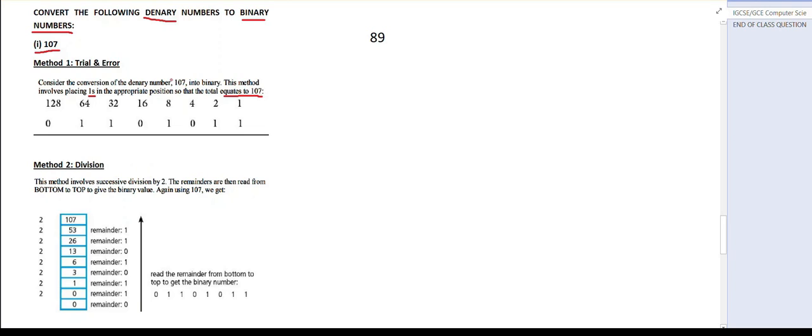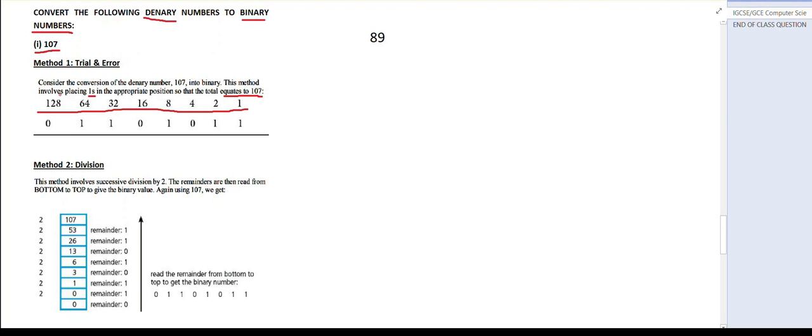Now, remember, when this method is used, always start from the left hand side. We have mentioned the headings 1, 2, 4, 8, 16, 32, 64, 128, right? Let us read this again. This method involves placing ones in the appropriate position so that the total equates to 107. The total must equate to the denary number given in the question, 107.